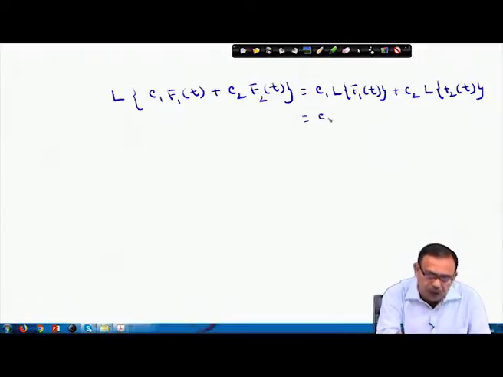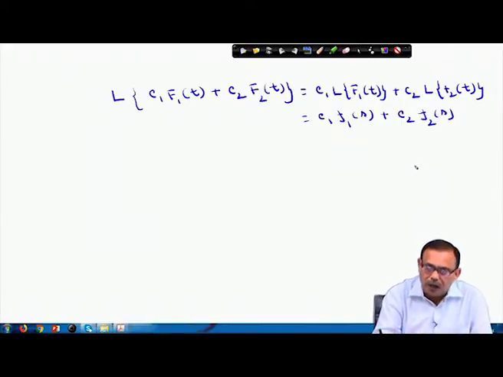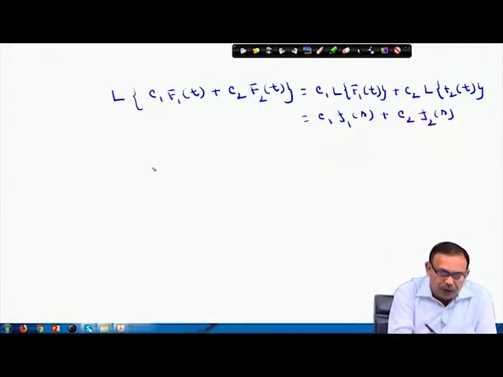Or you can say C1 F1(s), if Laplace transform of f1(t) is F1(s), plus C2 into F2(s), where F2(s) is the Laplace transform of f2(t). So, we can write down this thing.